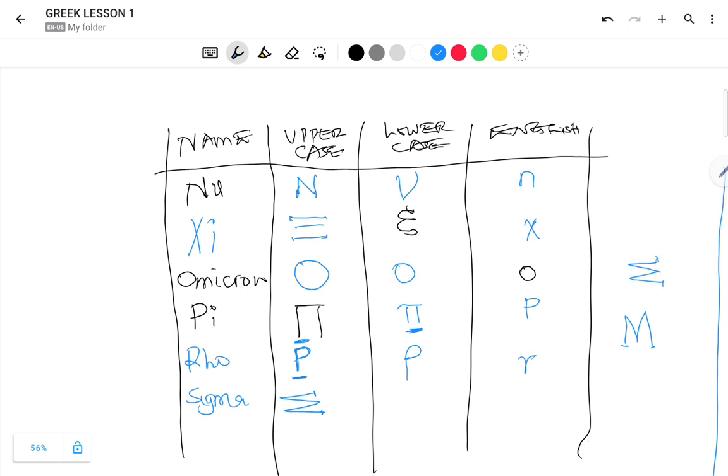If you were looking at it from this direction, it's actually an M. Or from this direction, it's a W. But when you look at it from this direction or from this direction, this is how it appears. So that is how a sigma is written.